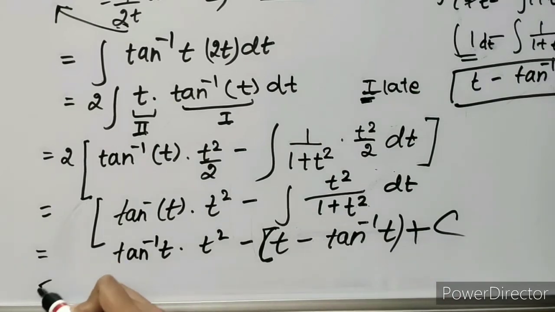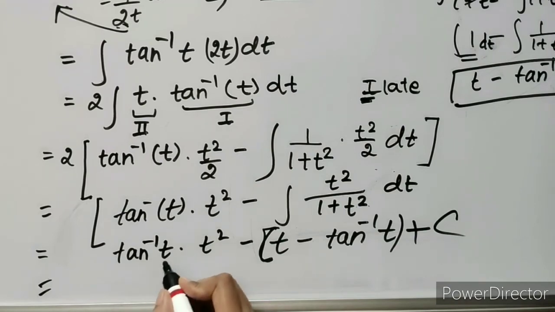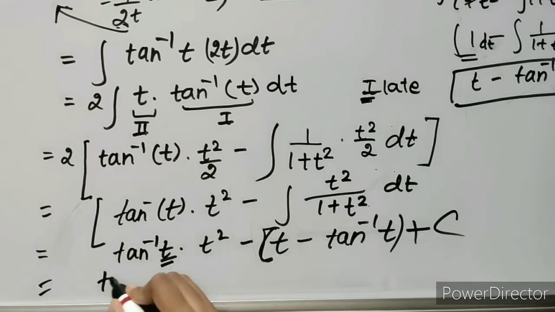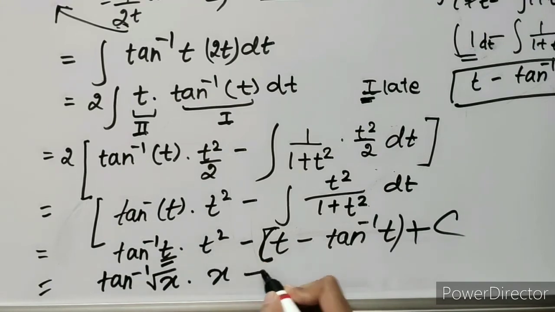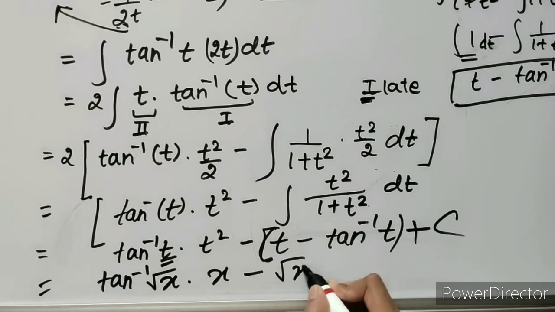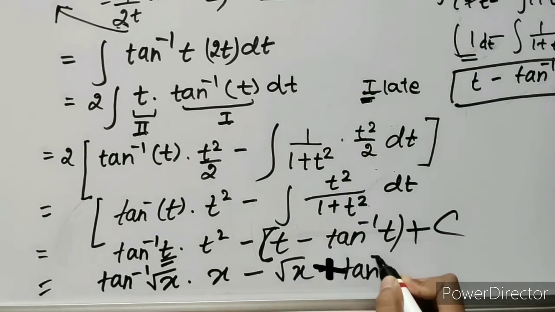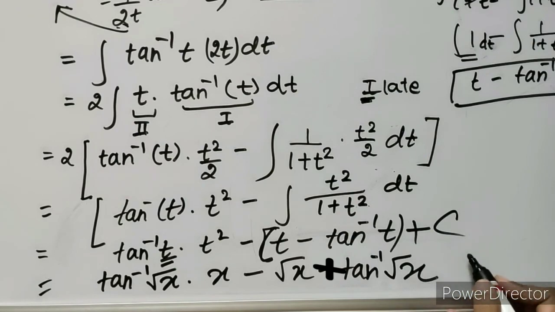Now we will change this back into the original variable x, so t is equals to root x. Then it will be tan inverse root x times x, since t square was x, minus t, which was root x, minus tan inverse t, which was root x, plus c.